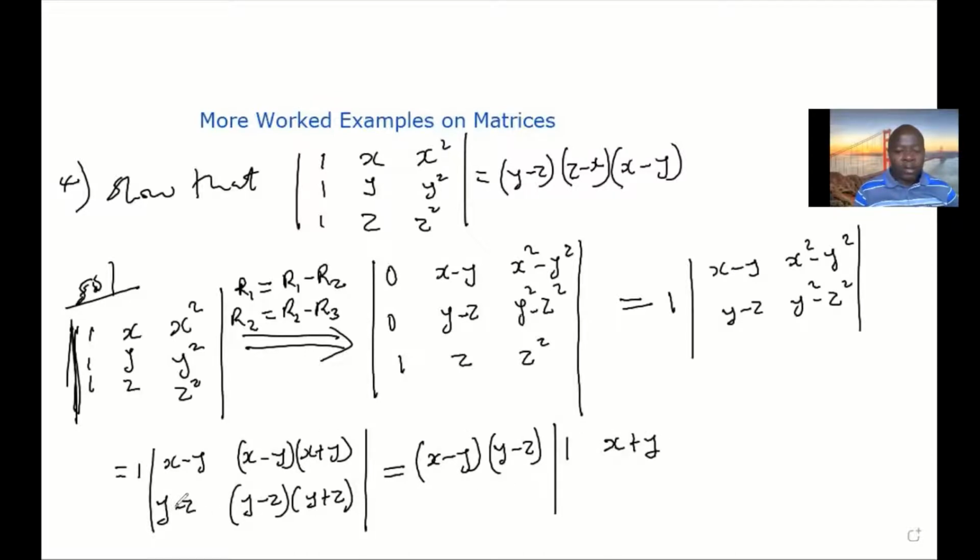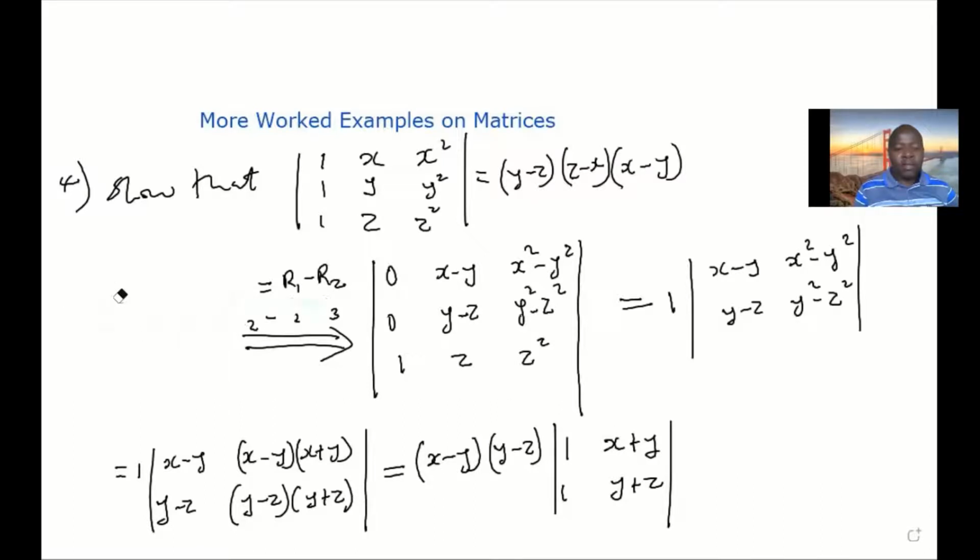And then y minus z will go here once, and it will go here y plus z. Good, so let me create some space to do the remaining part.